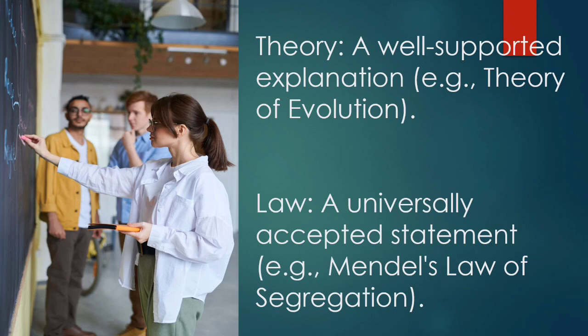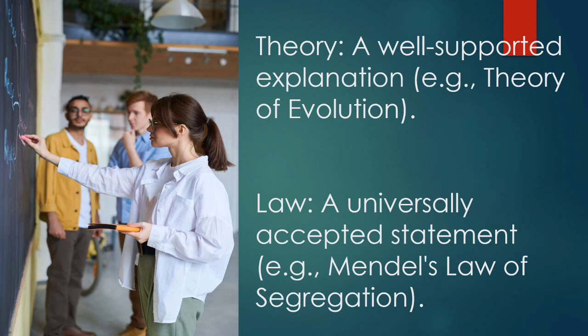So if you go anywhere in the whole world, this particular statement is universally accepted. While a theory is a well supported explanation on a particular concept. So you may decide to pick up a concept and give a detailed explanation about it. But remember, this explanation must be well supported. All right, you give your proof.